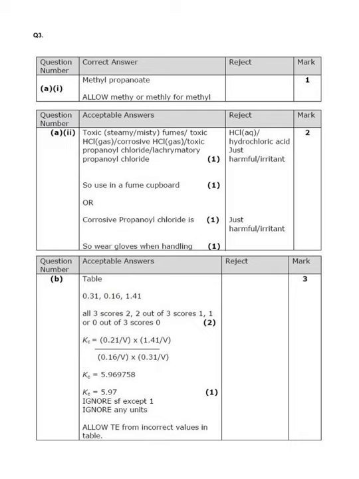In the table, we've got to add in the values. You can see the values there, but if you look carefully, you'll see that the ester has gone up by 0.21. So if the ester's gone up by 0.21, the water must have done the same. So the water goes from 1.2, adds 0.21, and you get to 1.41.